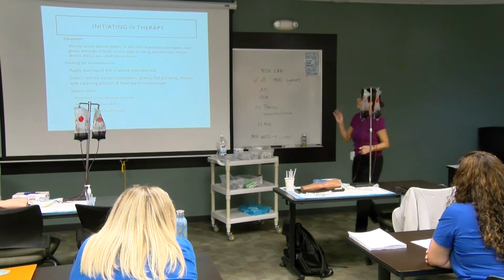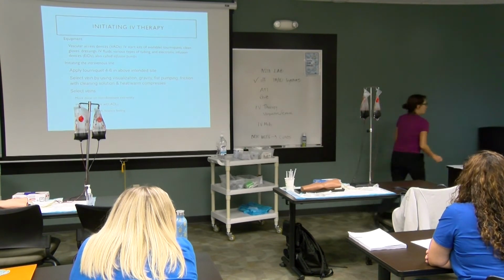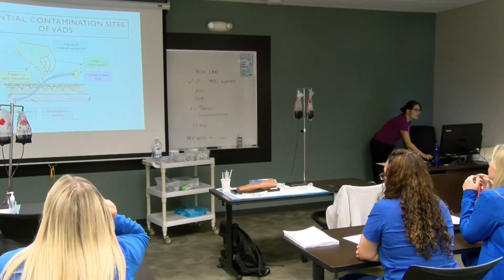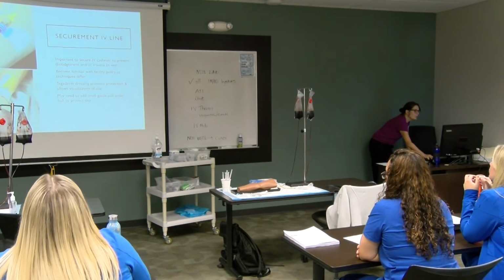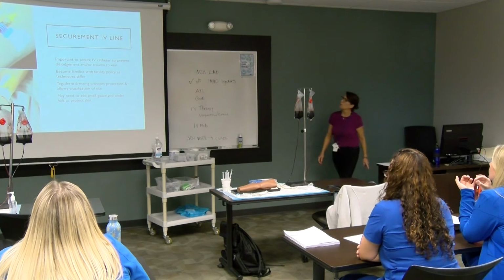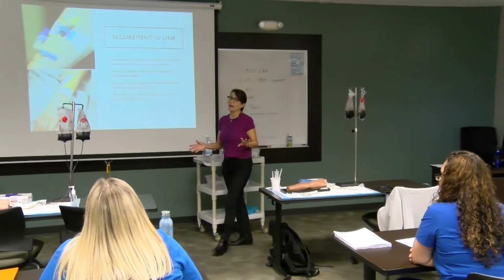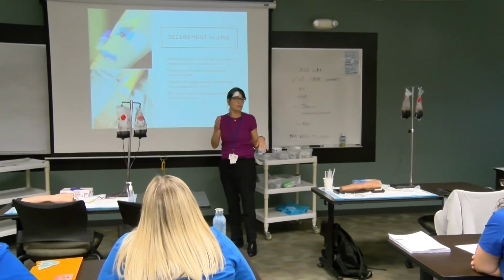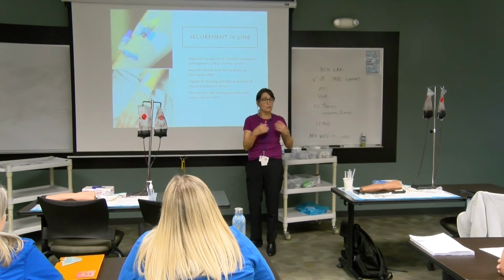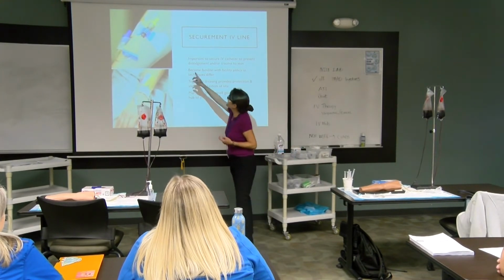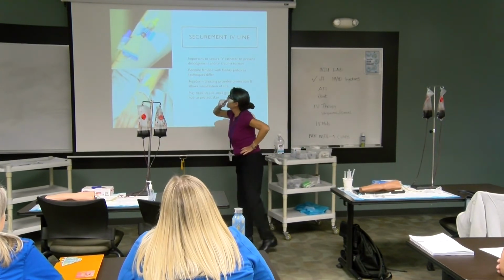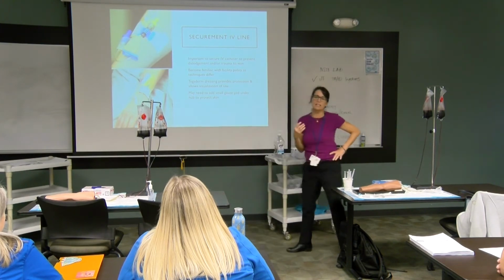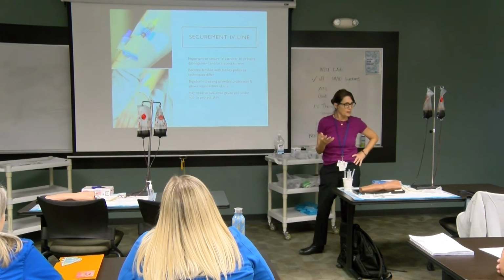I have a picture of it. A stat lock looks like this. Securing the IV is super important. It prevents vein irritation and can prolong the life of the IV. A stat lock looks like the picture on the top. Not all places use these, and I think they are more expensive.